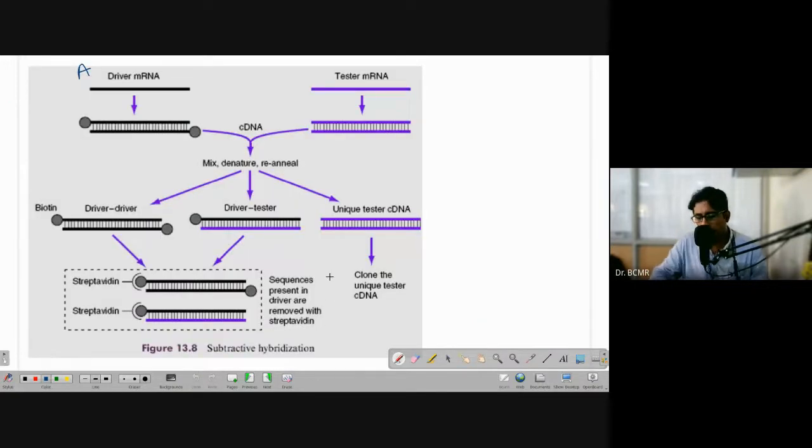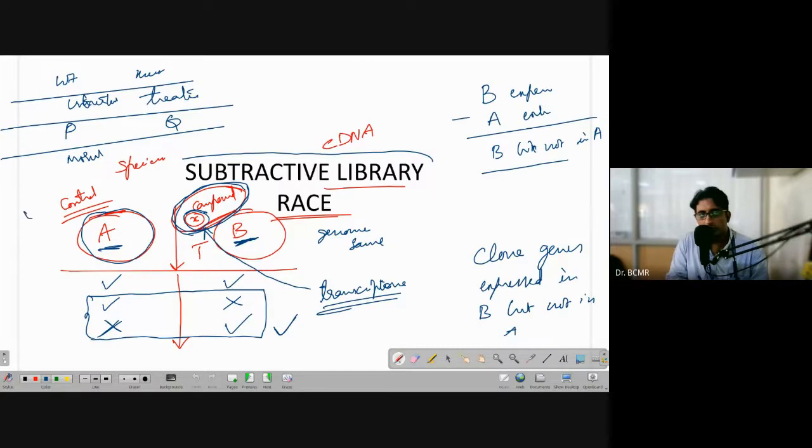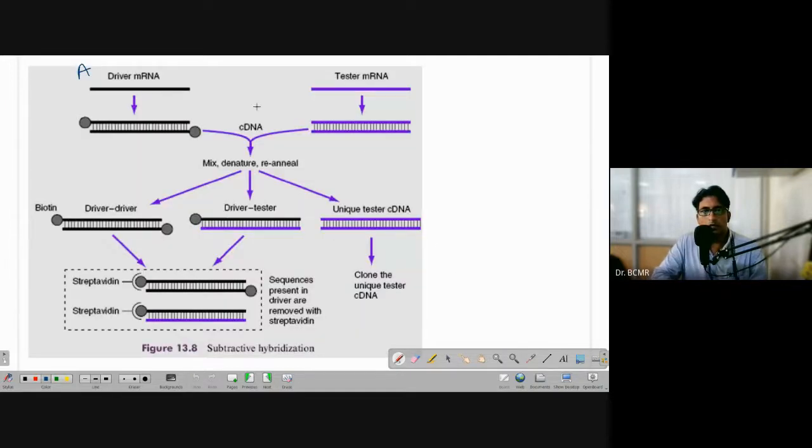So here we'll go with the experimental setup that we discussed. We have two cells, A and B, we are calling them. Both are the same species, same organism, same cell type. The only difference is that one is treated with compound X. That is how drug testing can usually also be done. So the driver would be A, the control.